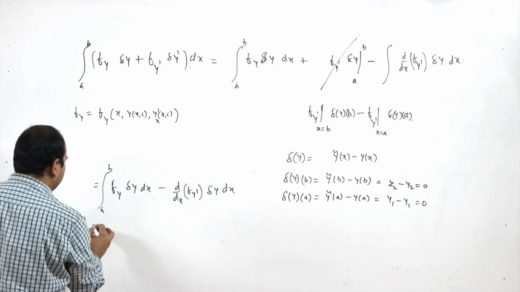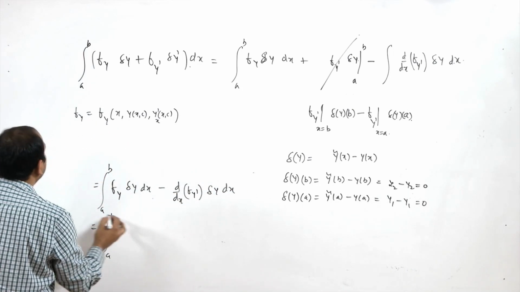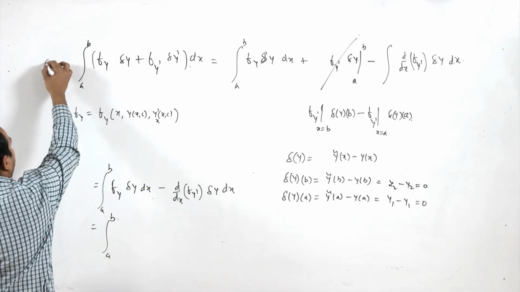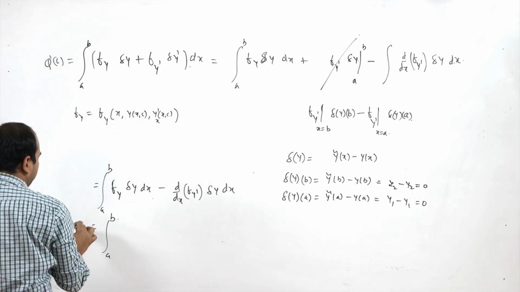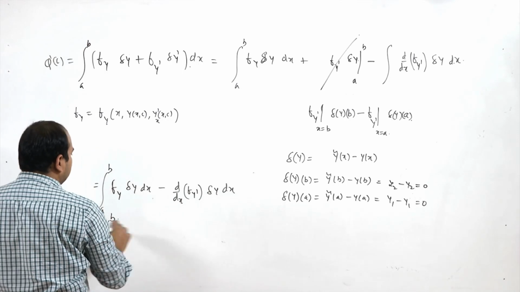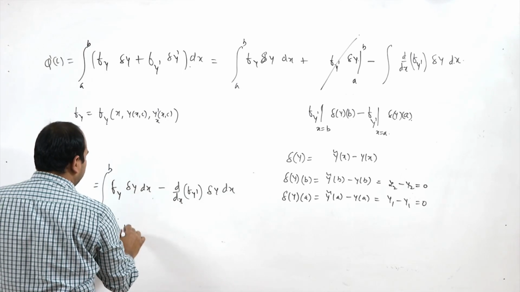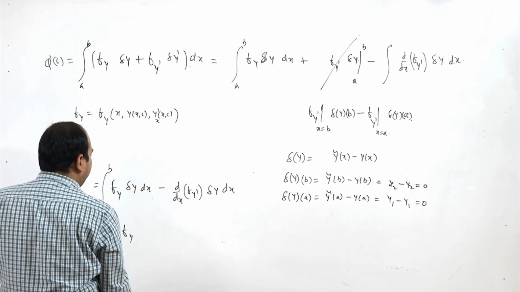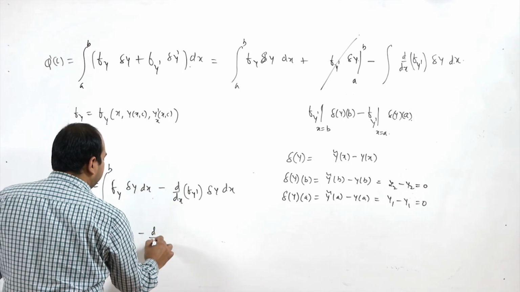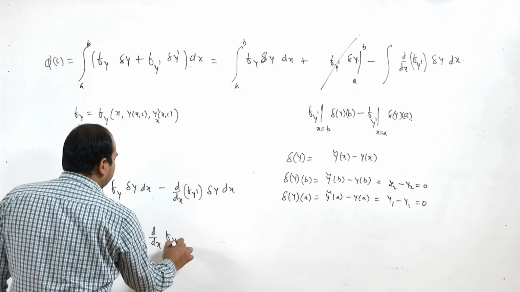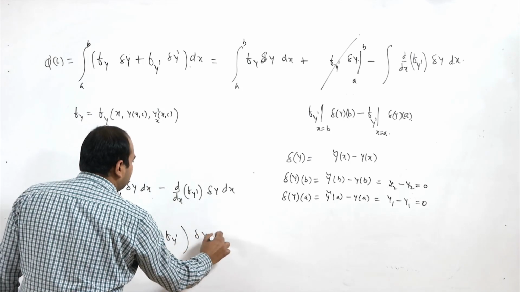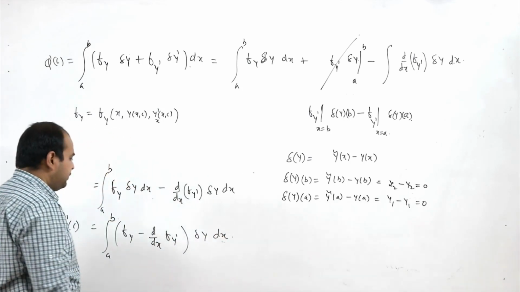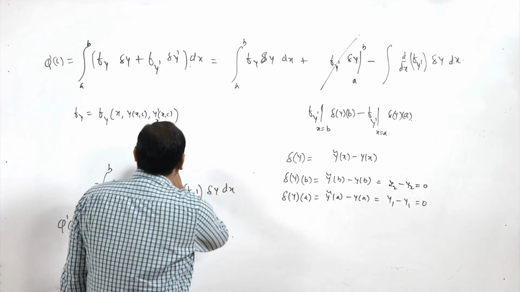So we can simplify and write this expression for phi dash c. So phi dash c is equal to this thing: the integral from a to b of f y minus d by dx of f y dash, times delta y dx. Now, please remember here I am just using the short notation.